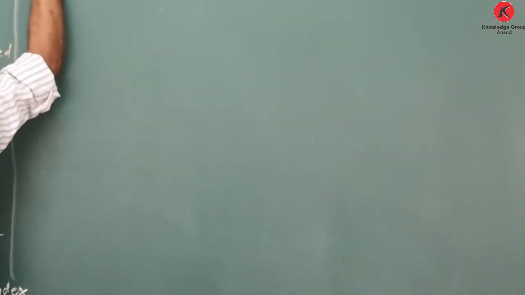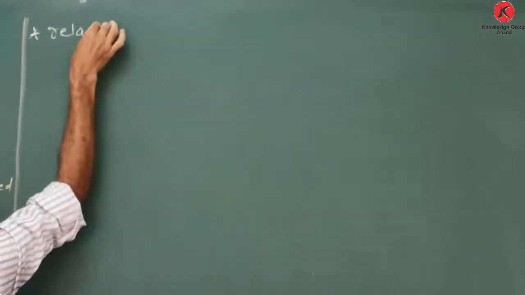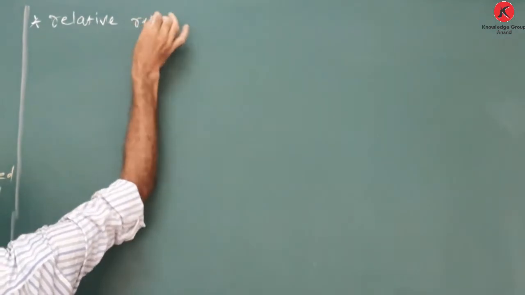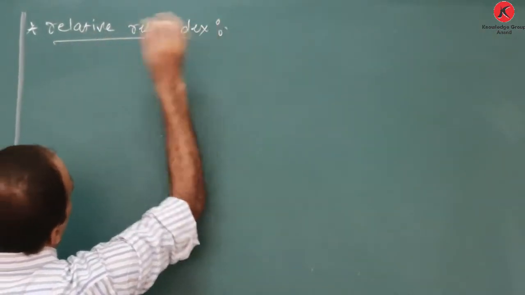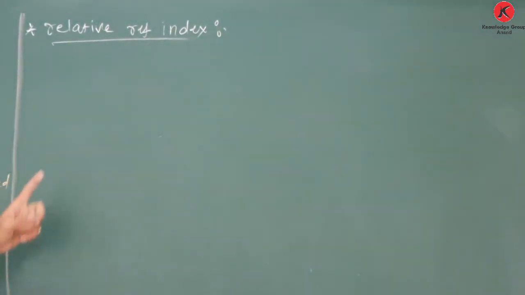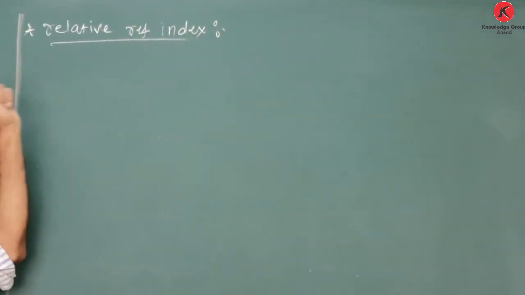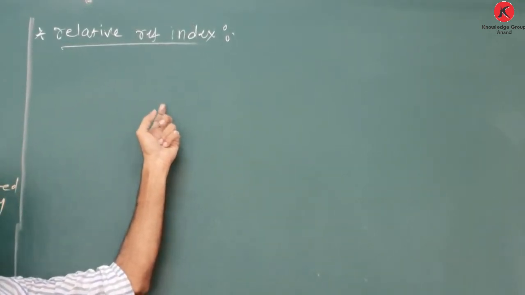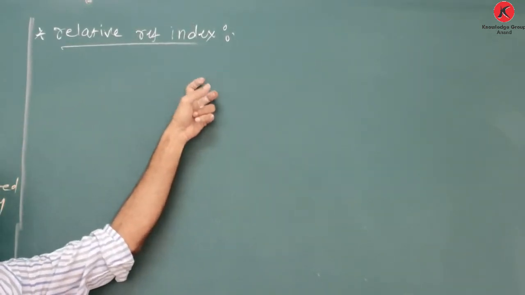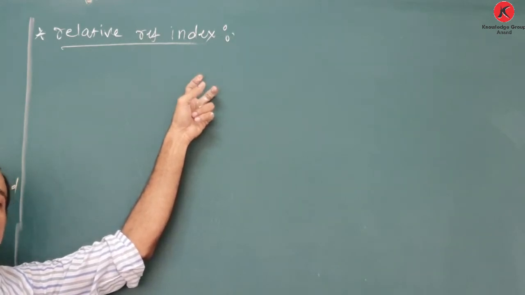Okay, now the relative refractive index. How do we define the relative refractive index? In medium 1, the velocity of light is v1, and in medium 2, the velocity of light is v2.